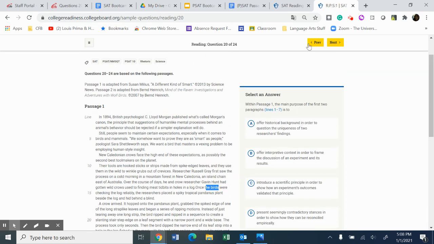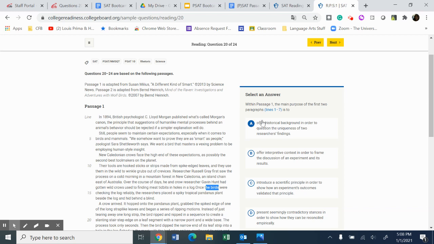Okay, cool. Let's take a look here at the questions. I'm not going to read the passage yet, although I definitely am going to read the passage. It's just not right at the start, because I was taught to look for the questions that I think I can answer most easily. All right, question 20.